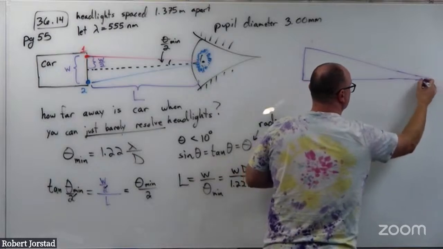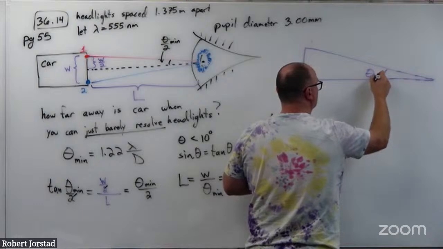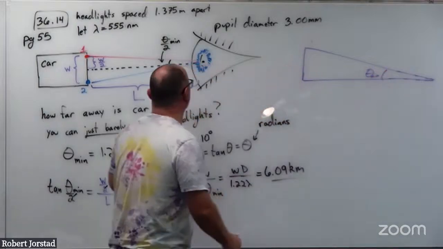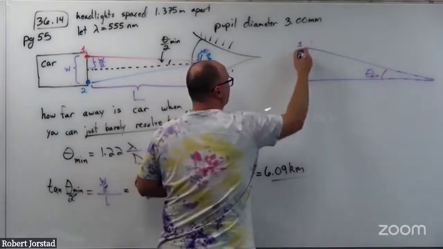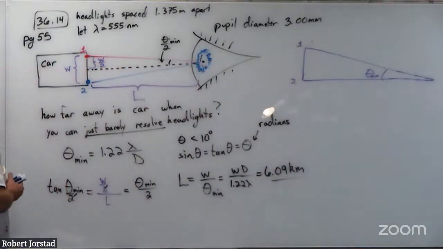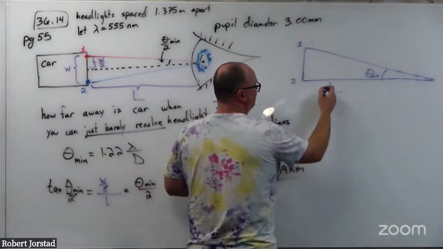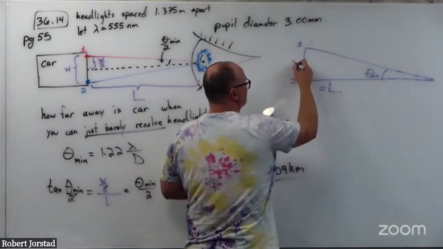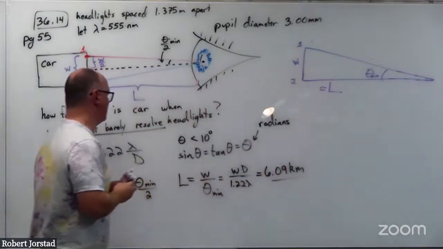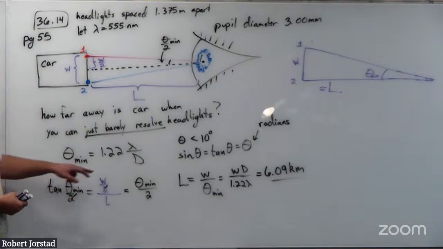Give me a second. So there's theta minimum. Here's source 1. Here's source 2. If the angle is small enough, you can think of this distance here as L, right? And this is W. And so notice that's what I was talking about here. The divide by 2 ends up canceling out.